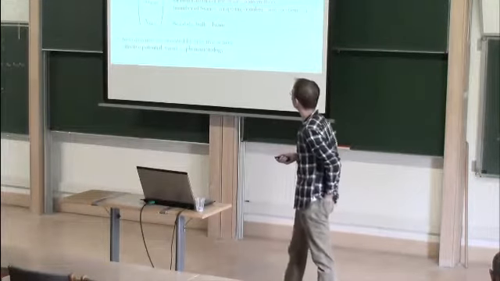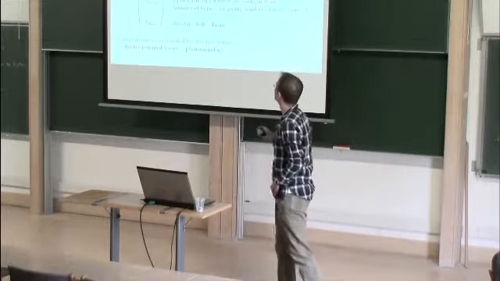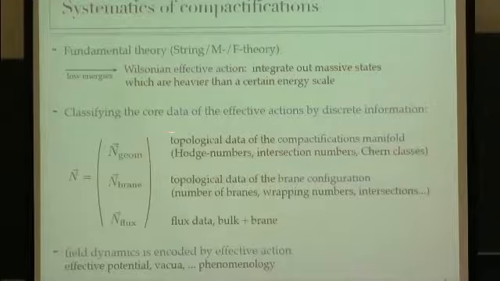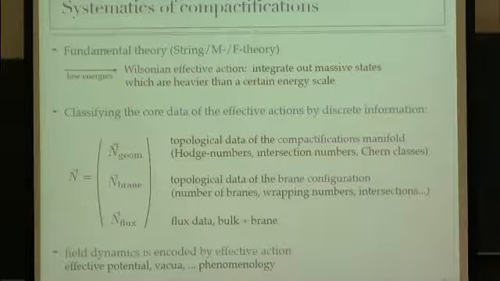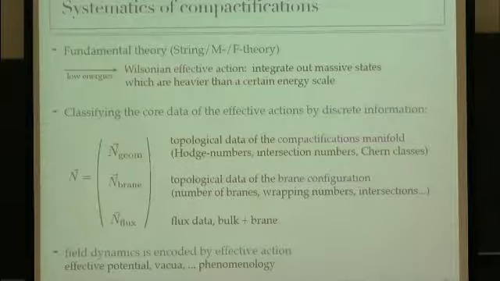theory. Then what we can hope for in such a string compactification is that we can classify the core data of a given compactification by some integer numbers. In an ideal world, that would be like this. We have some geometric data which determines the bulk geometry, some brane discrete data, and some flux data.